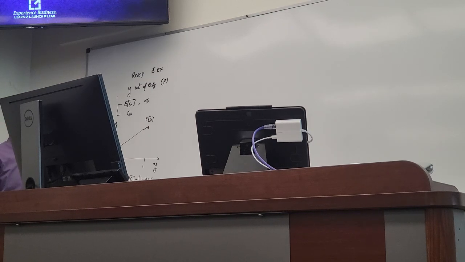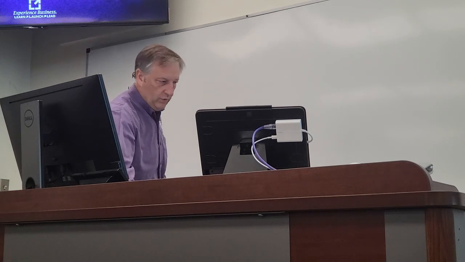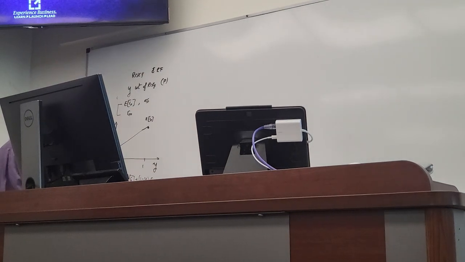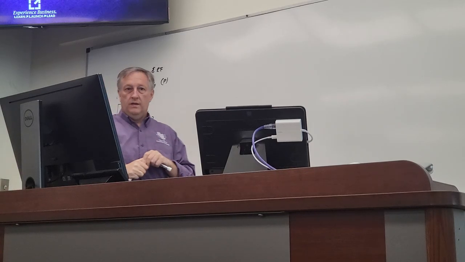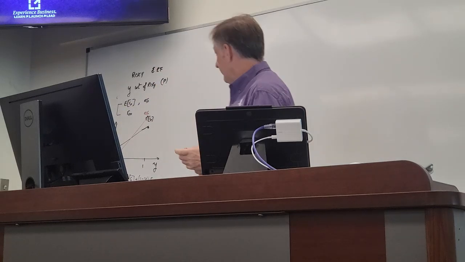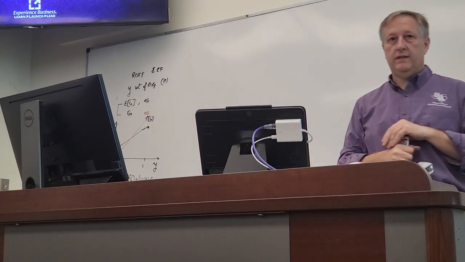Then you're gonna do the same thing for risk. So what is the formula for risk? Well, the risk of C is just Y sigma P. And so at 0, you start here, and then you get to sigma P. Then after that, we worried about utility.